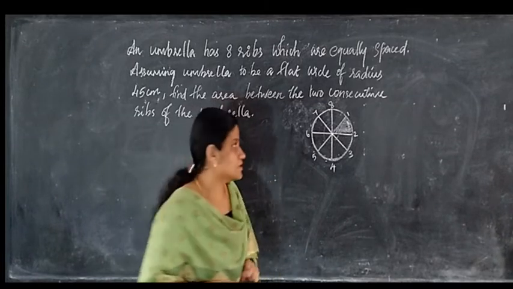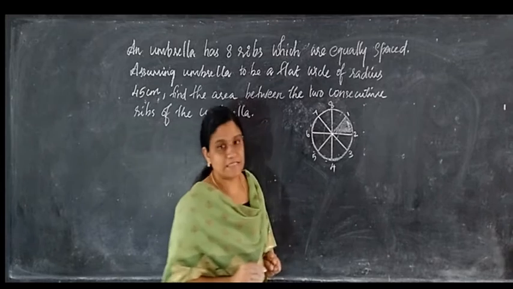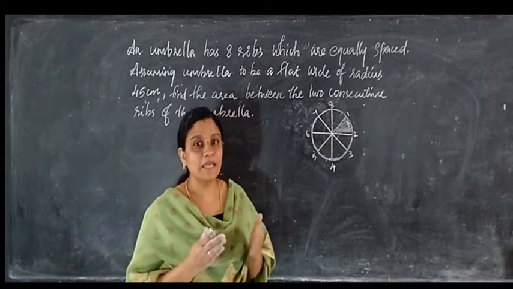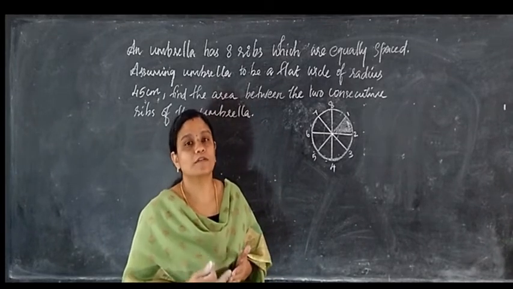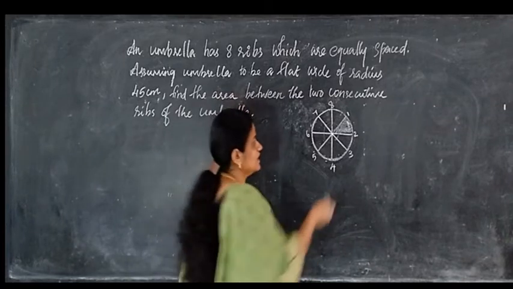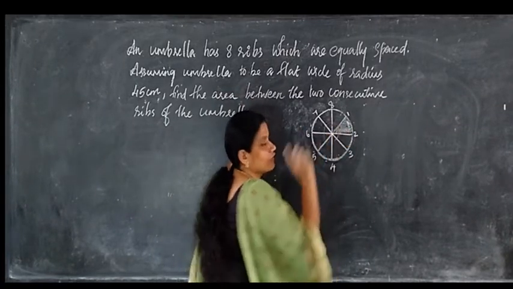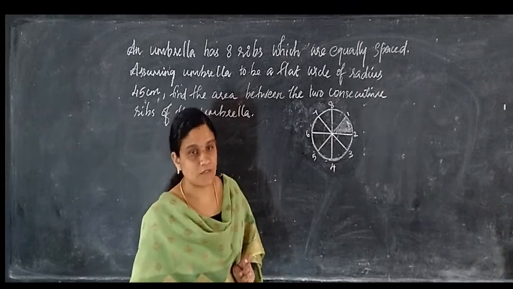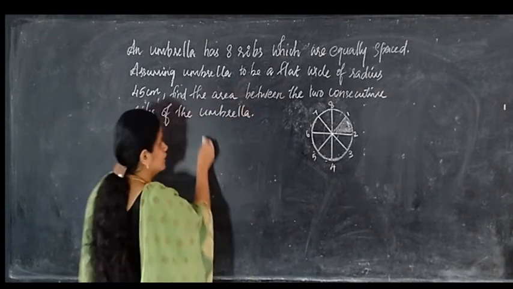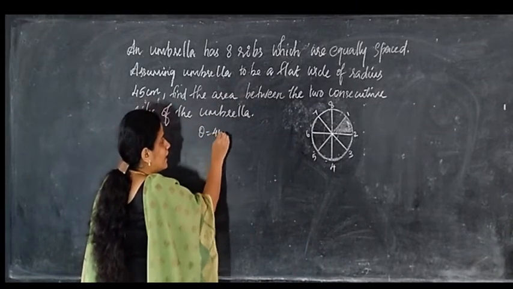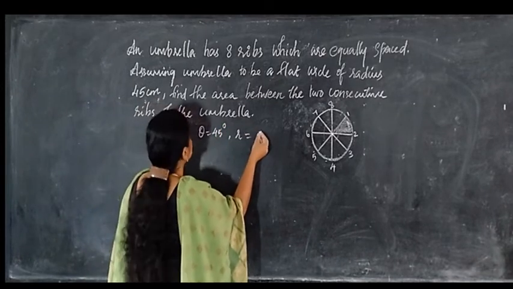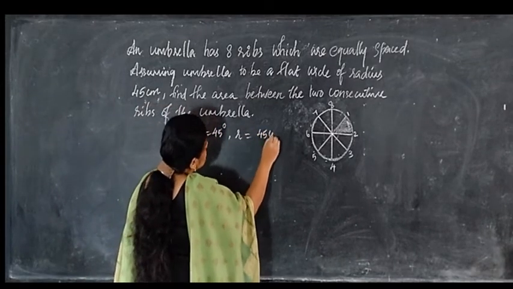So 360 divided by 8 gives you 45 degree. So each angle is 45 degree. We got theta is equal to 45 degree and the radius is equal to 45 centimeter.